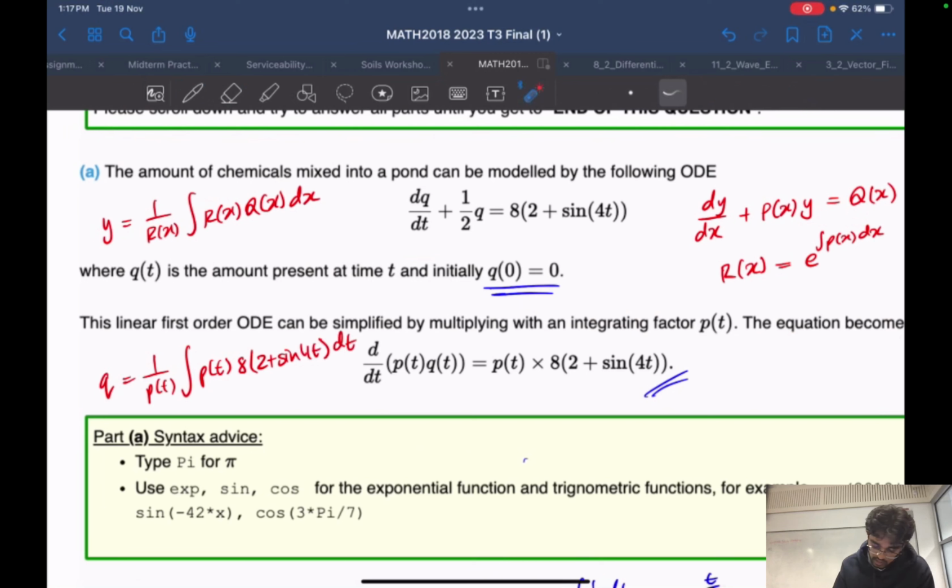So this is our q of t. You can pretty much just rearrange this formula that they've given us. You integrate both sides, this differential cancels out, and you're integrating P of t times 8 times 2 plus sine 4t. And then if you want to find Q of t, you just divide by P of t.